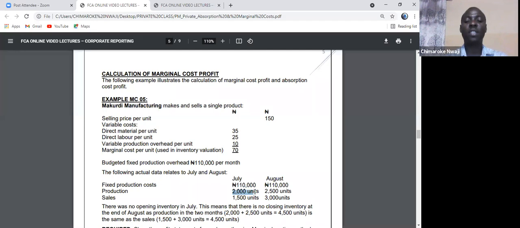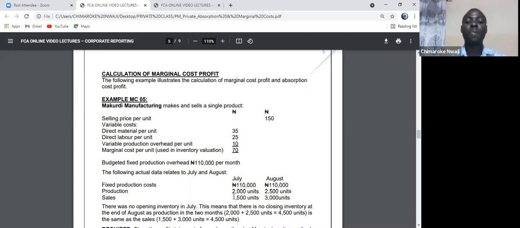Production is 2,000 units in July and 2,500 in August, whereas sales are 1,500 and 3,000. What does that tell you? It means that you will have stock movement, stock variation, opening stock and closing stock.